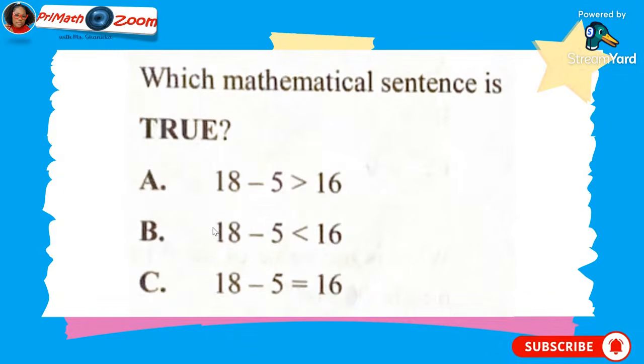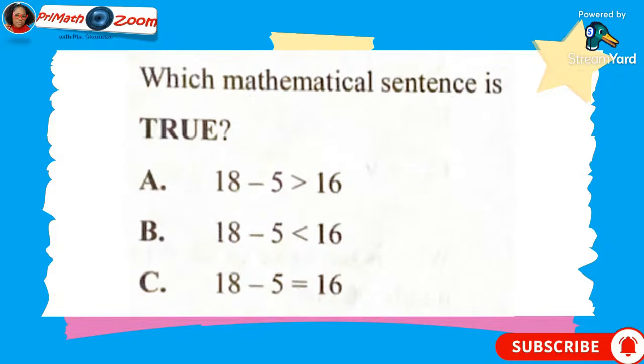All right. So K Black says B because 18 minus 5 is 13, and 16 is bigger than 13. That's what K Black says. Pauline says B because the hand is less than, but that doesn't tell me exactly why.